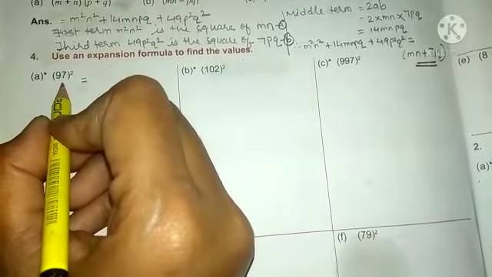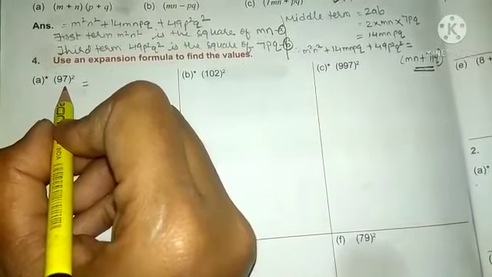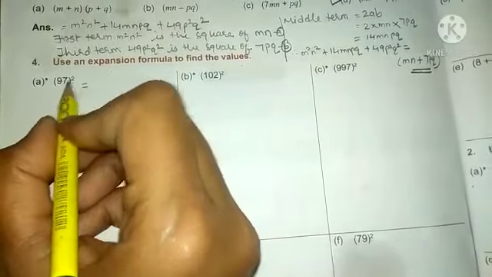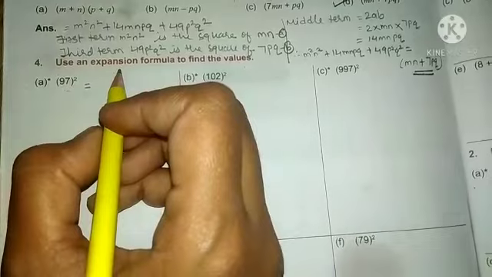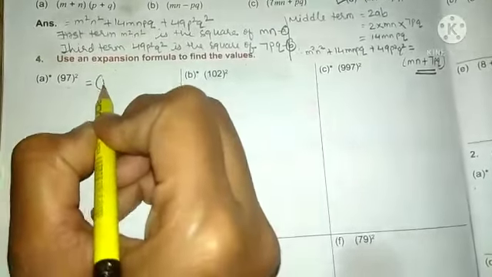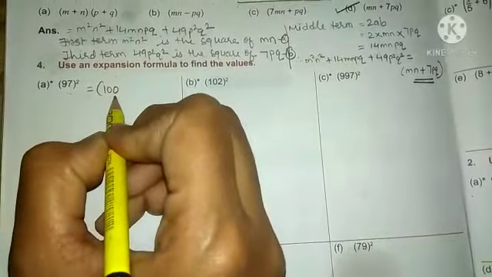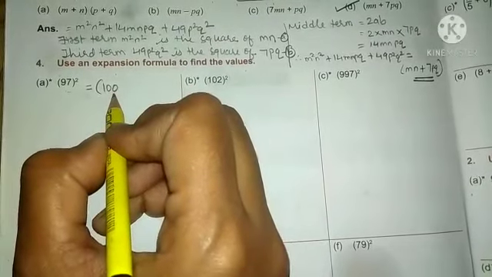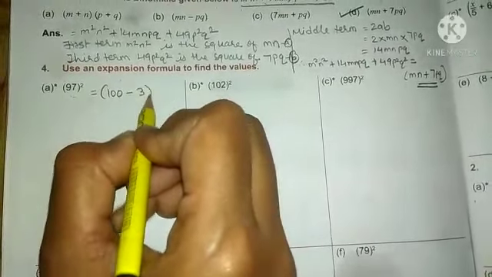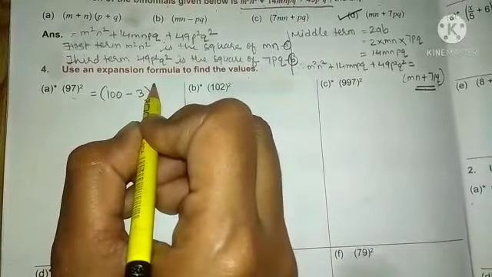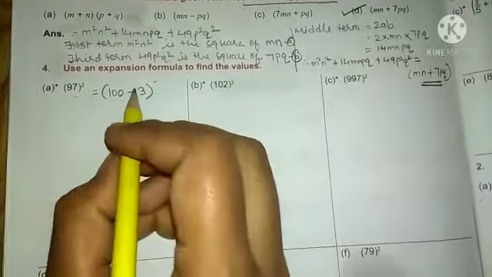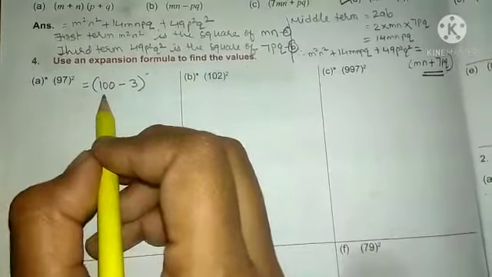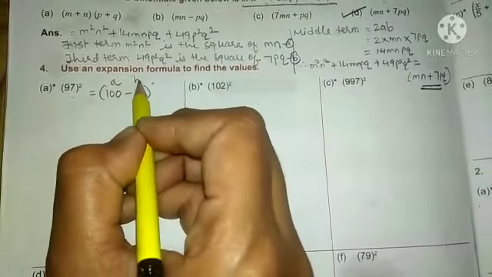So how much you will add in this 97 to make your round figure? You will add, that is 3. So 100, and again if you want to make this 97, how much you will subtract? You will subtract, that is 3. Clear everyone over here? Now here our A is 100 and our B is 3.